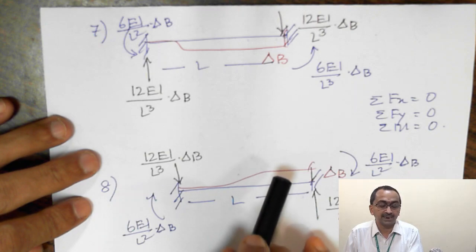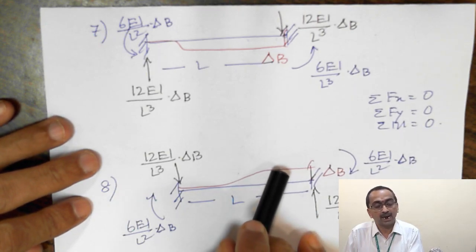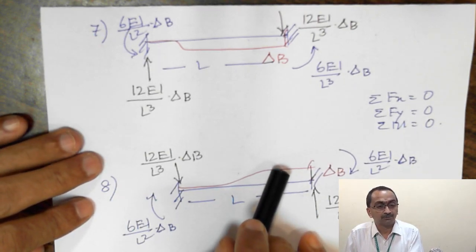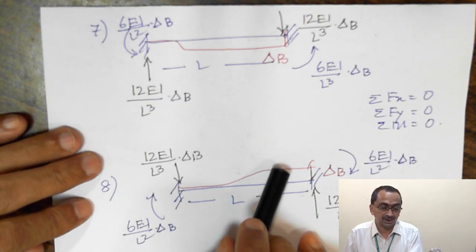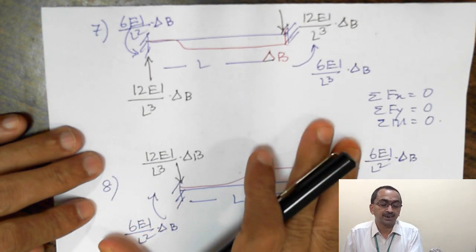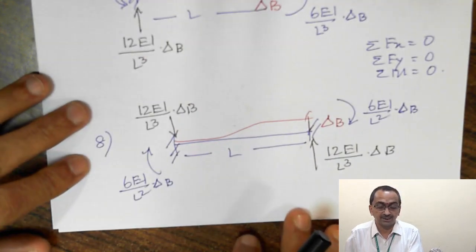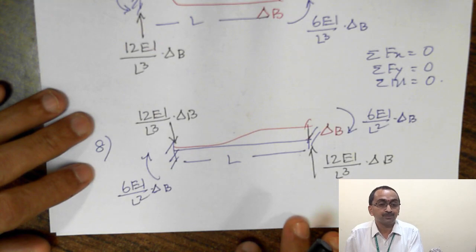You practice these 8 diagrams as many times as possible, and next time whenever we meet, we will take up one numerical from actual stiffness analysis of the structure. So this is all prerequisite for your stiffness analysis. This is all we need to know beforehand before we actually touch the topic of stiffness analysis.